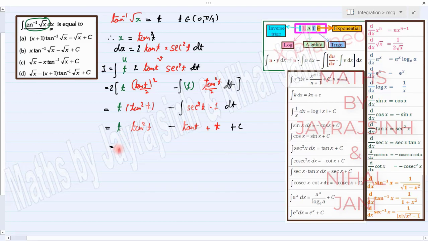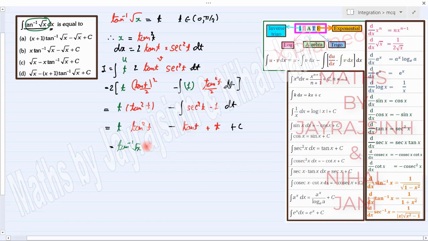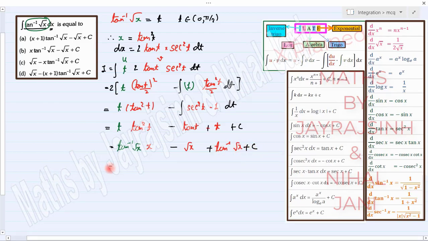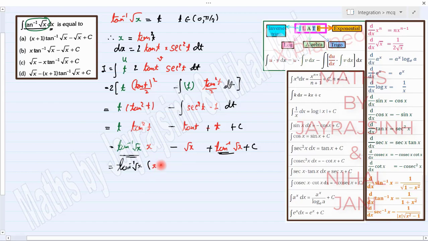Your t is simply tan inverse root x. Your tan square t is nothing but x, tan t is root x, and your t is tan inverse of root x, plus c. So if we take tan inverse root x common from the first and last term, we will get (x plus 1) tan inverse root x minus root x plus c as your final answer, which is given in option A.